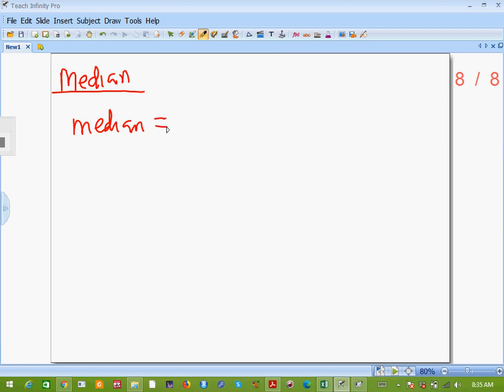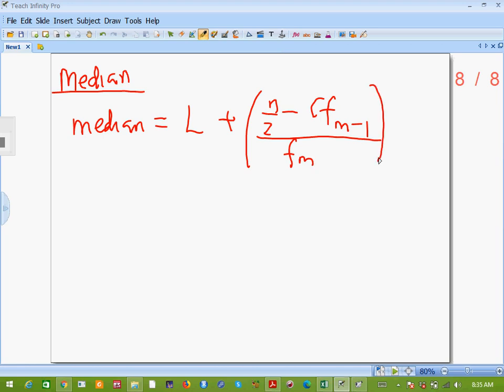Now to find the median, we have the formula. Median is just the lower limit plus n over 2 minus the cumulative frequency before the median class, over the frequency of the median class, times class width.